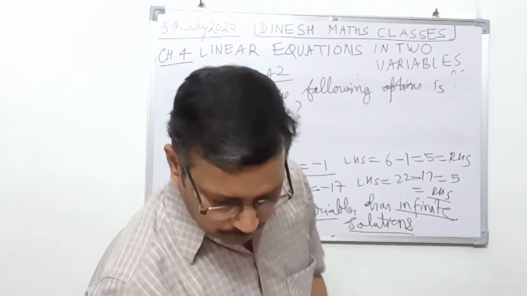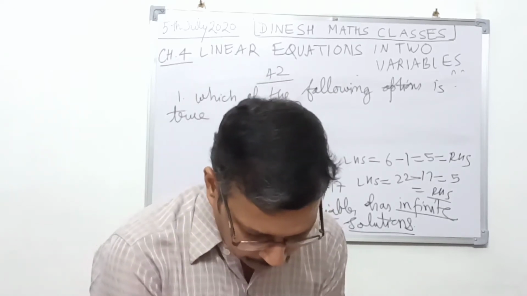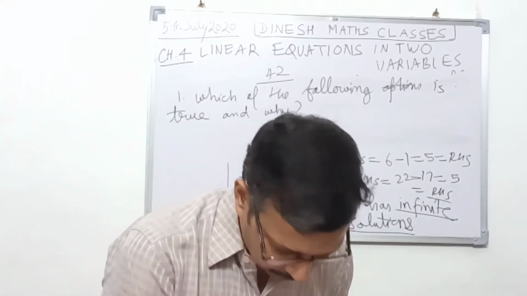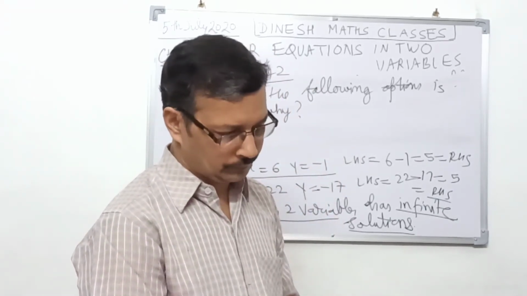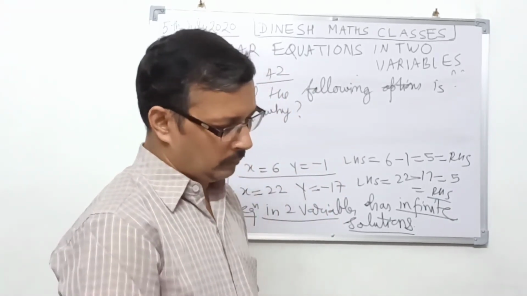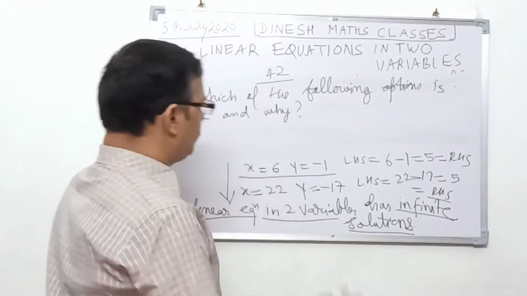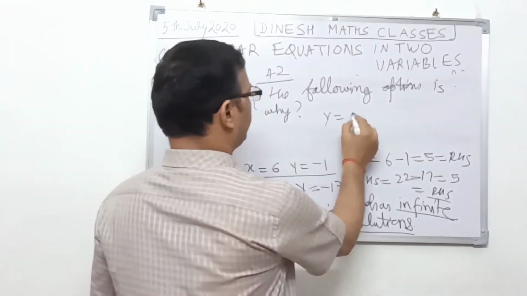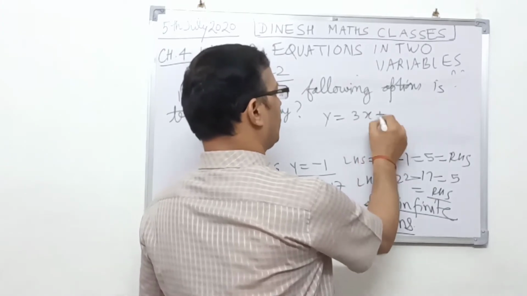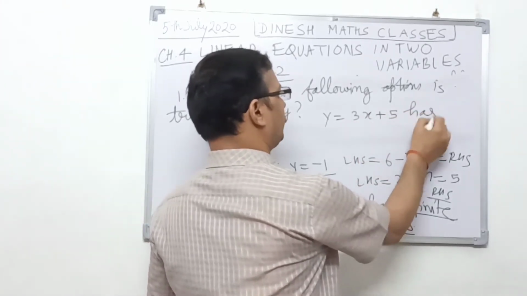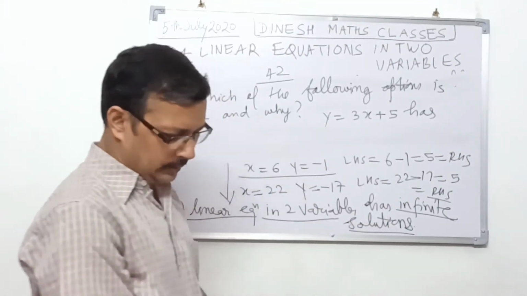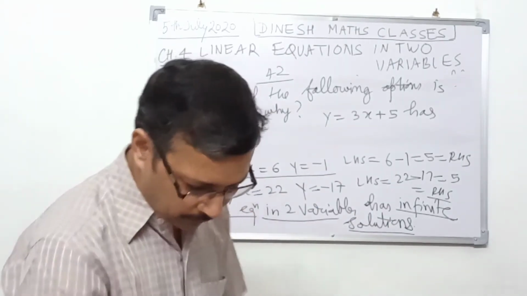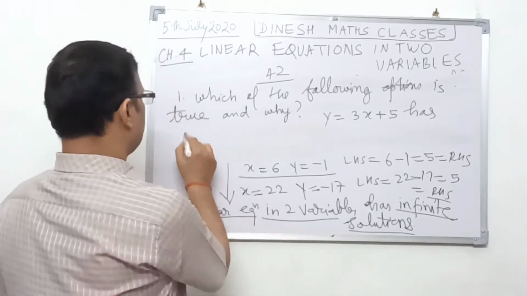So here your question is y equal to 3x plus 5. This is a linear equation in two variables. This equation has, now there are given options. First is a unique solution.